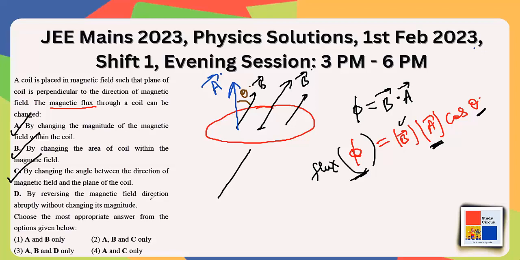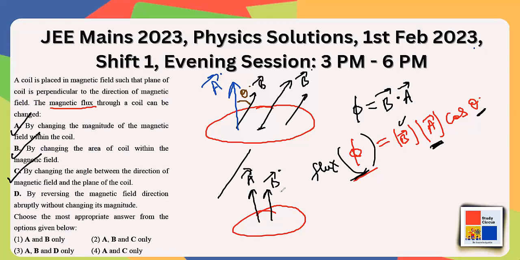By reversing the magnetic field direction abruptly without changing its magnitude. If you change the direction abruptly, the flux will be the same in magnitude, but the flux will be negative in that case. For example, if you take a coil like this, let's say this is the magnetic field direction, and the area is also this only.